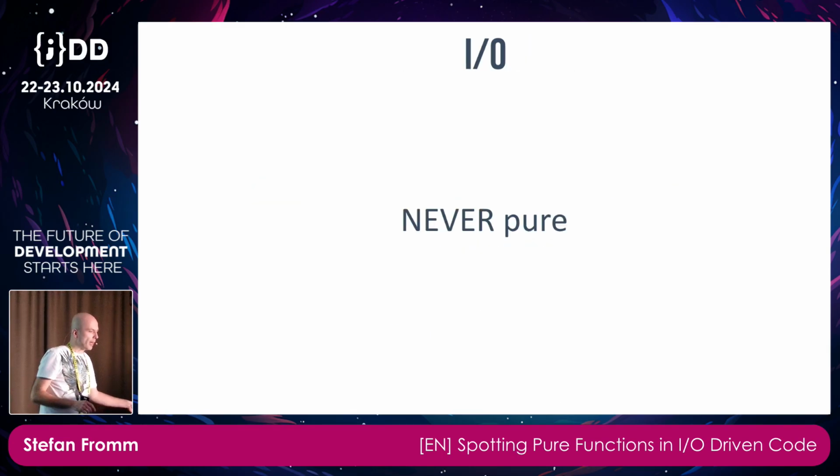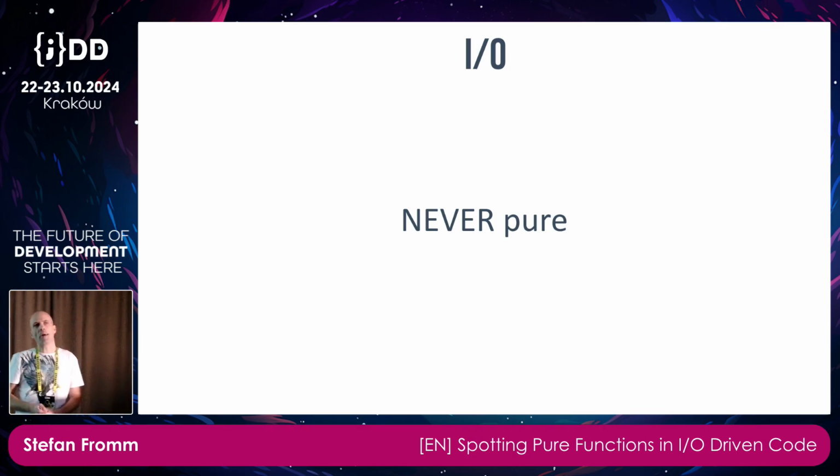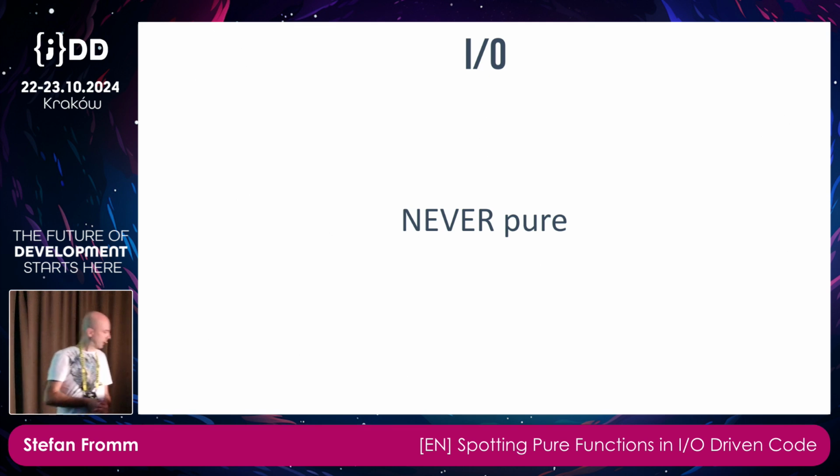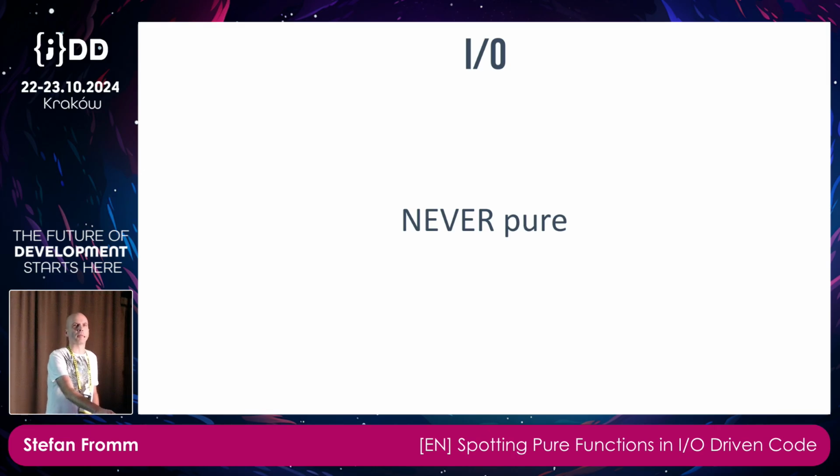So if it comes to I/O, it is never pure by definition, and it won't be. You can handle it somehow in a functional way, but the nature of it is that it's not a mathematical function. So for me, functional programming is not so much about the side effects.